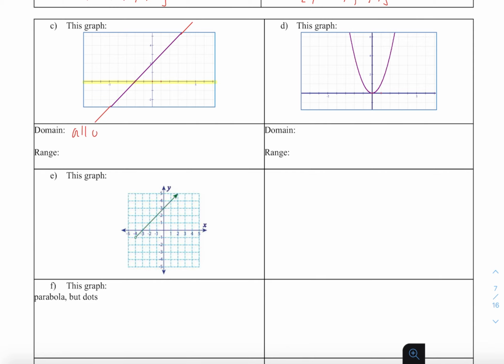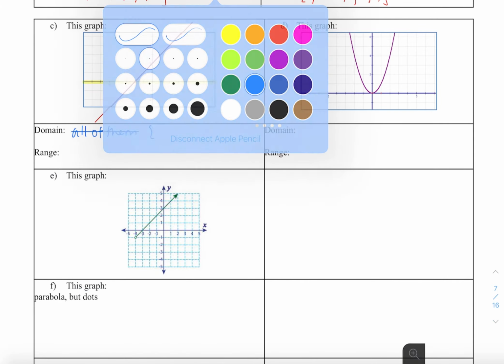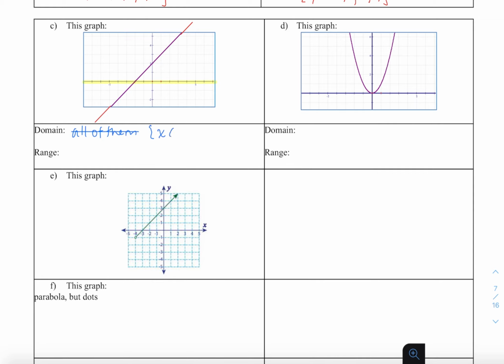So instead of writing the phrase "all of them," I need something more mathematical. So what we actually do is we say x ∈ ℝ, and I'm going to explain this. x is just the same thing. x denotes that it's the domain, but we have these two other things that are important.